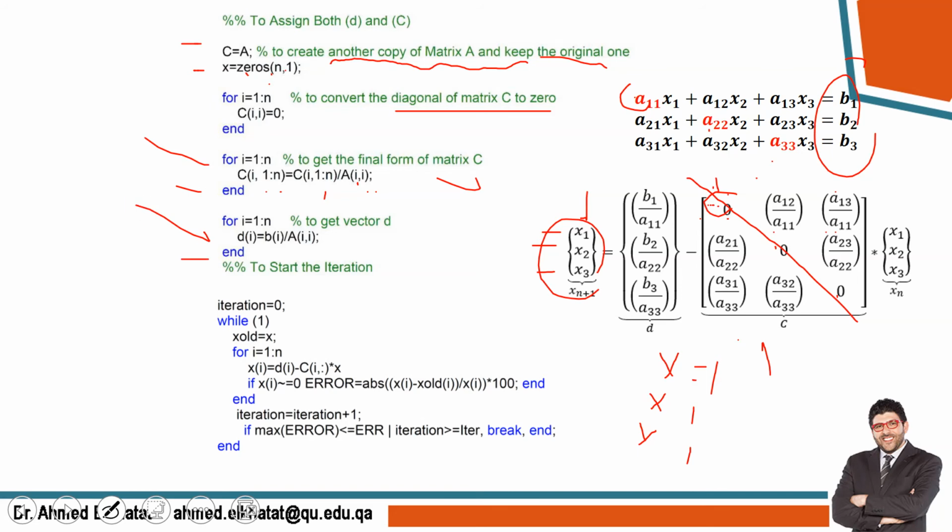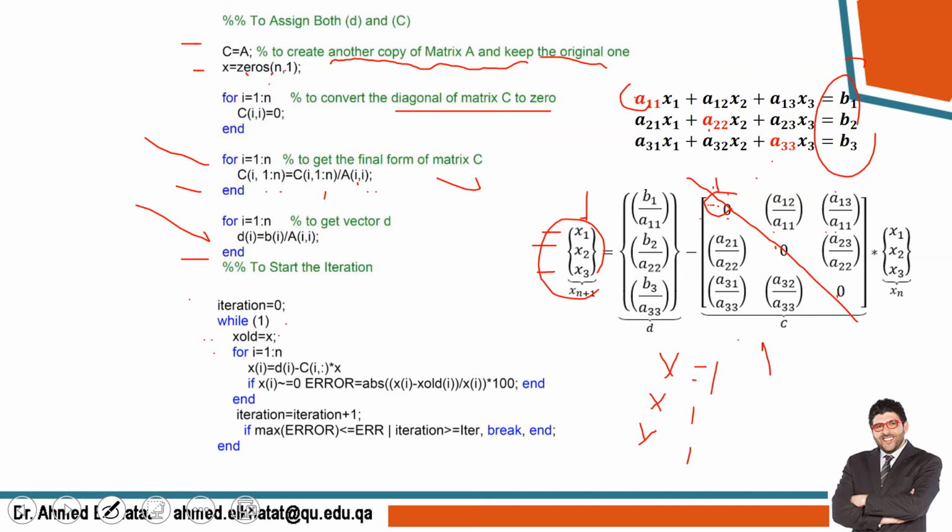Now it becomes easy. Iteration equal 0, while 1, we define x_old, like we did before, x_old equal x. Then for i equal 1 to n, x(i) equal D(i) minus C(i, all columns) times x.